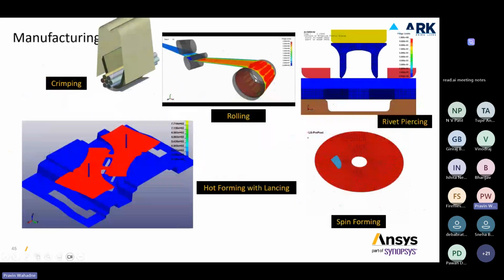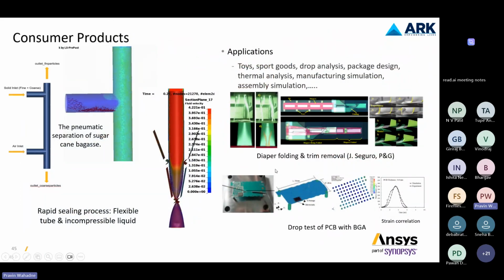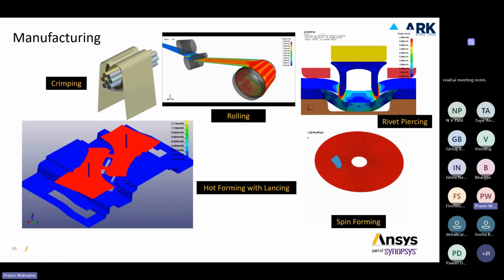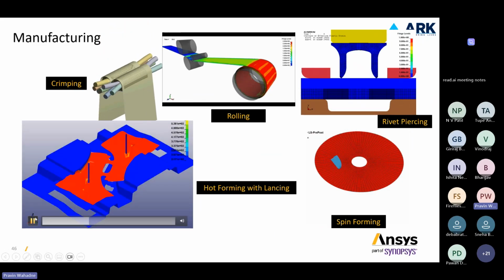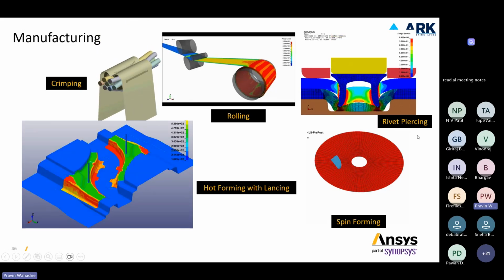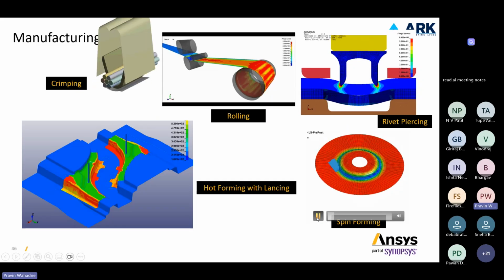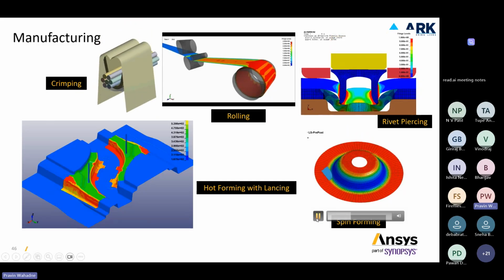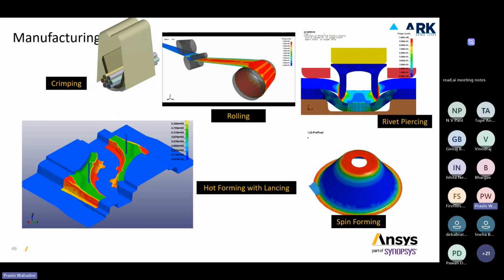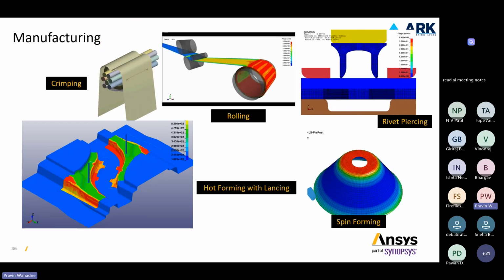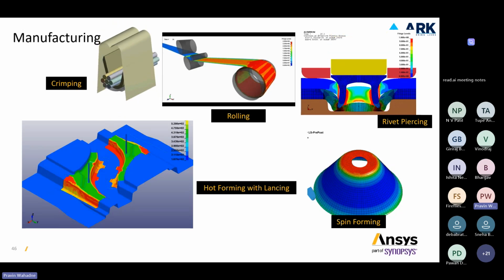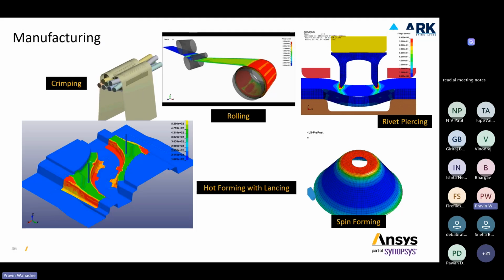So these are almost the different applications. Crimping, rolling, forming, hard forming with lancing, rivet piercing, spinning forming. These are very complex applications, and these complex applications are easily handled by LS-DYNA.